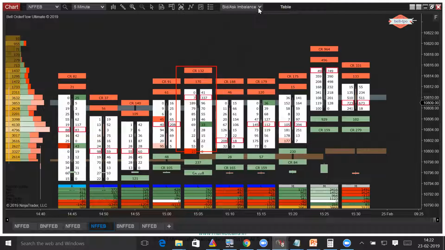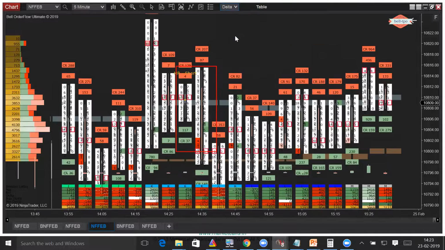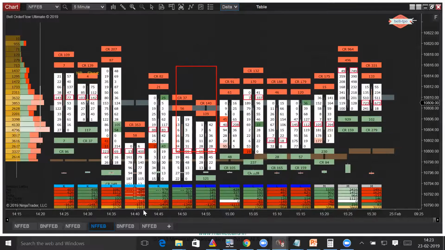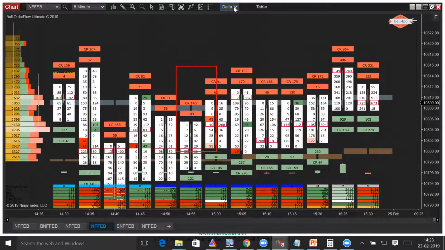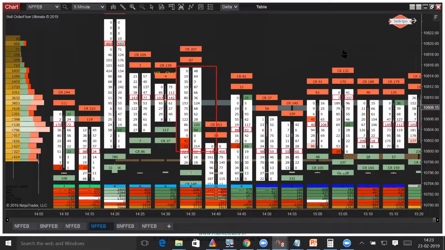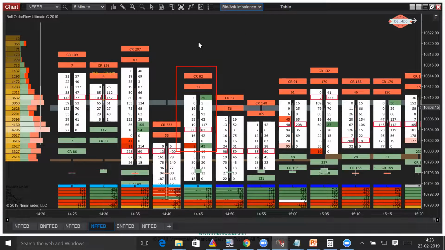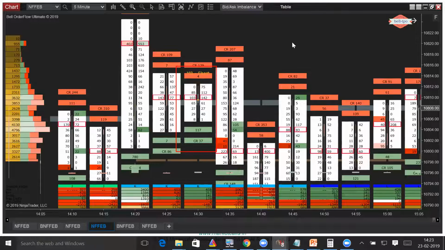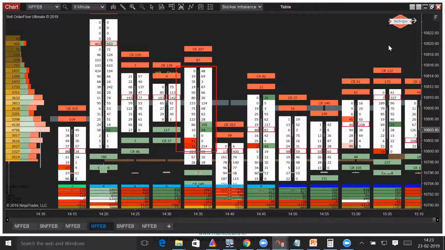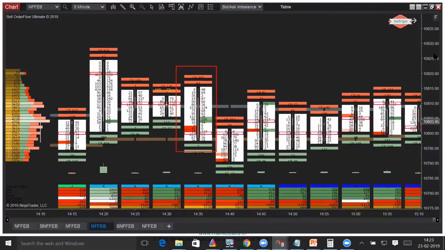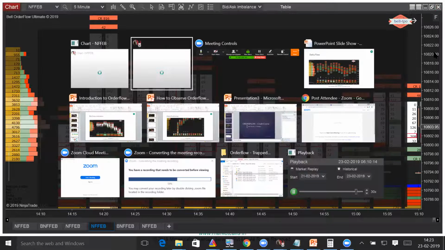In that case, if I change it to delta, the delta difference becomes... I don't know what happened. Anyways, I'll try to look into the delta candles later on, but there was some small issue here.